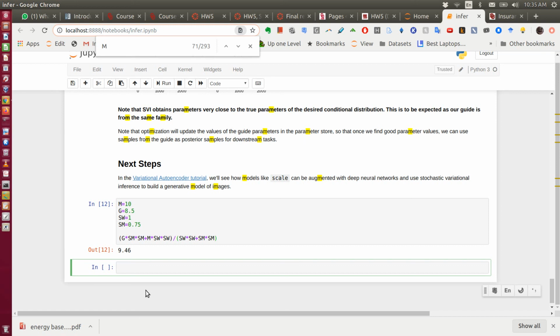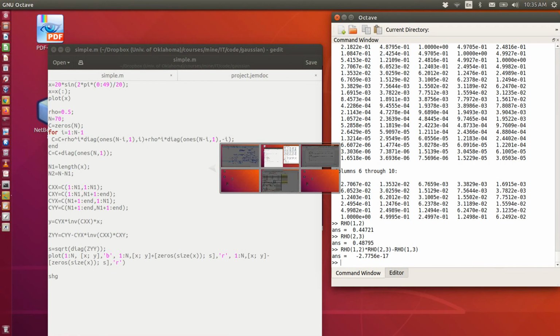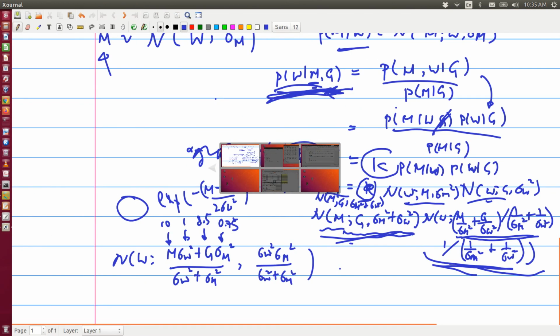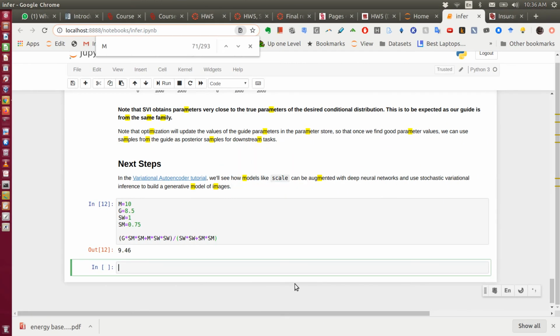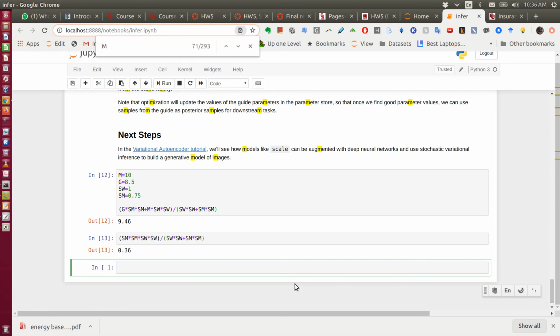So the new estimated weight should be 9.46, and the estimated variance should be this one, right? Sigma w squared sigma m squared over sigma w squared plus sigma m squared. So we say sm times sm times sw times sw over sw times sw plus sm times sm. I say 0.36.